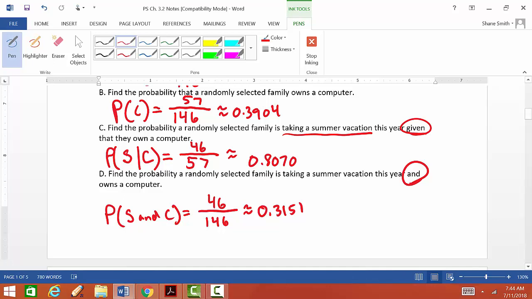And later in section 3.3, when we talk about the addition rule, that'll use the word or, and it's very important to be able to distinguish between the words given, or, and. Okay, so that is basically conditional probabilities from a two-way table.